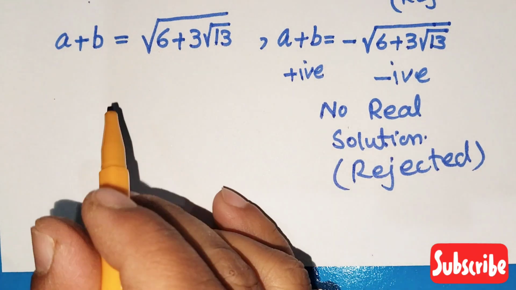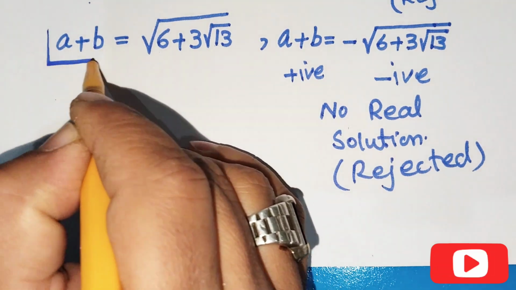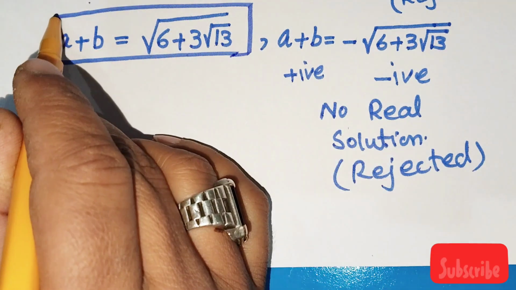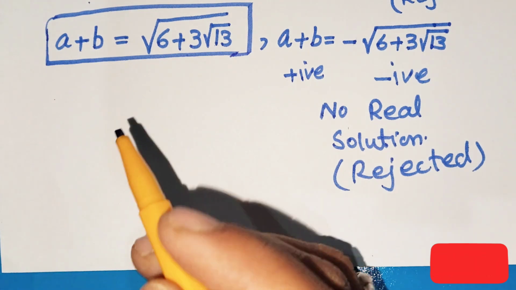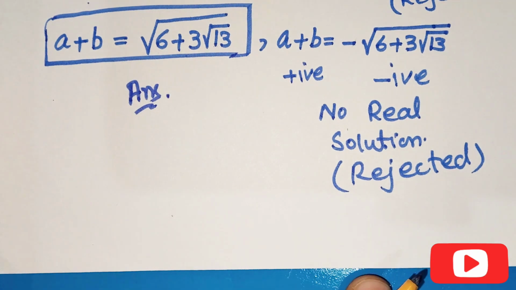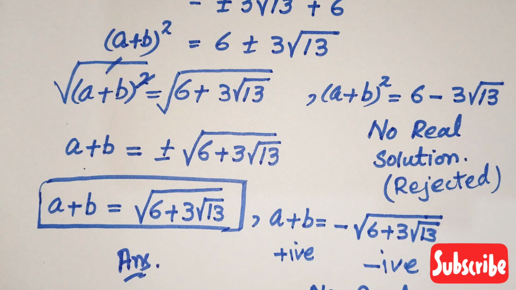Hence a plus b is equal to the square root of 6 plus 3 times square root of 13. So it is our value of a plus b. Hence we have found our final answer, that the value of a plus b is square root of 6 plus 3 times square root of 13.